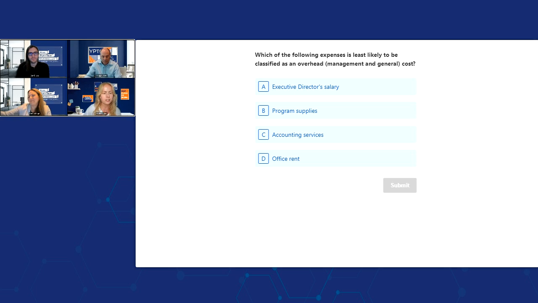Which of the following expenses is least likely to be classified as an overhead or management and general cost? Is it your executive director's salary, program supplies, perhaps accounting services, or office rent? And there is a correct answer to this one, isn't there, Sandra? There sure is, but we won't judge you if you get it wrong. It's part of the learning process, right?